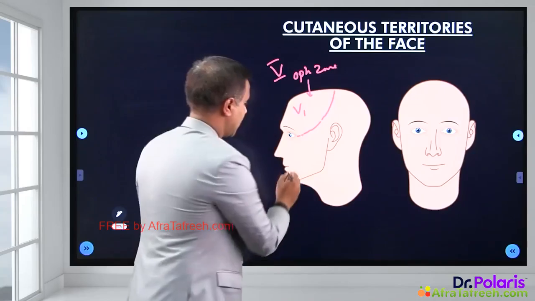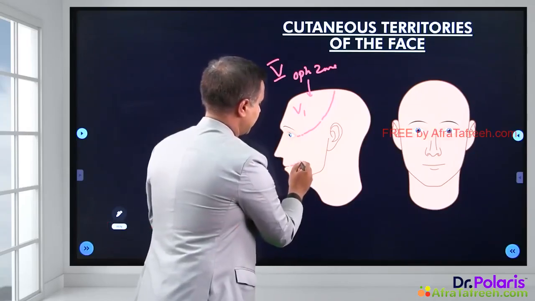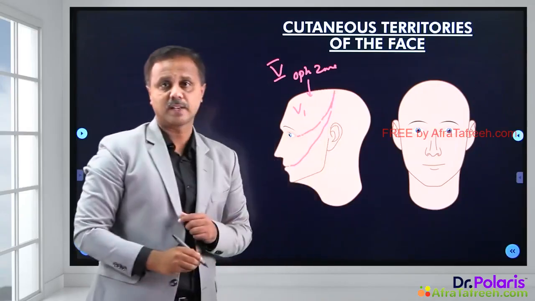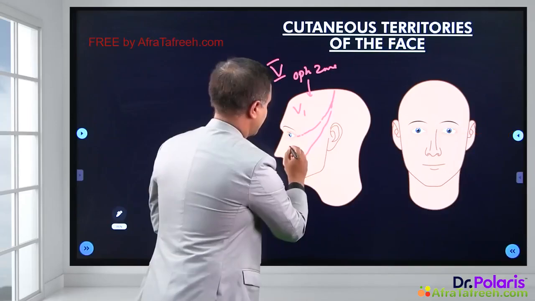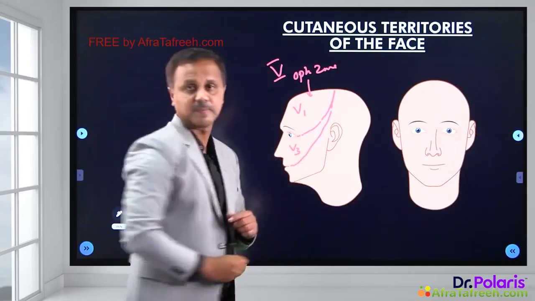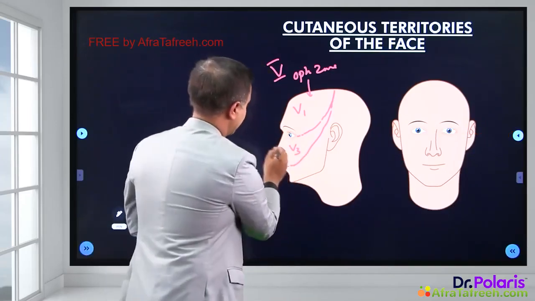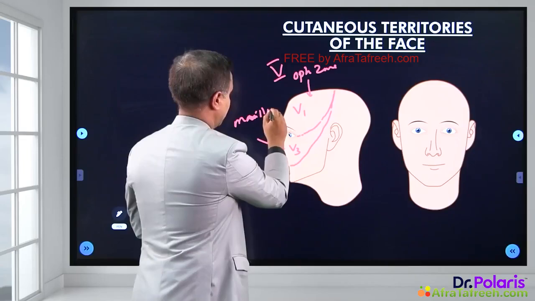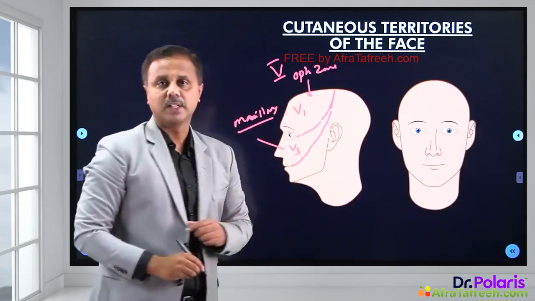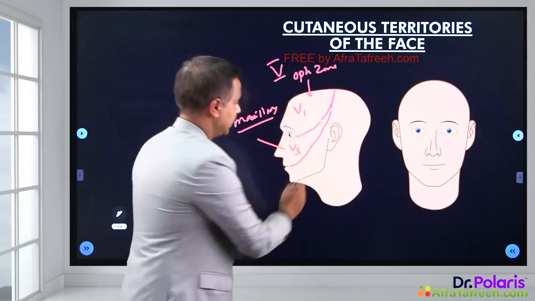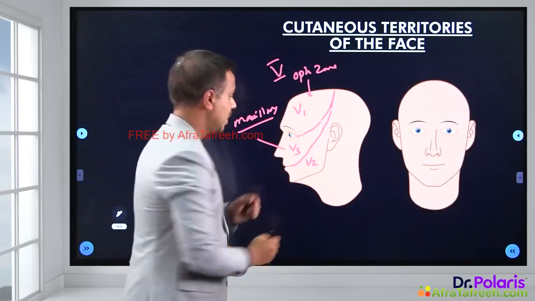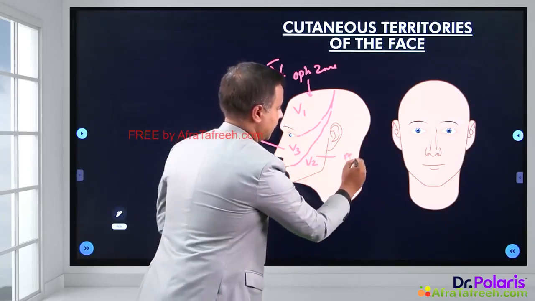Then, if you draw a line from the angle of the mouth again to the vertex, this is referred to as zone 3, the maxillary zone. Then, the zone which is left over is referred to as the second zone or the mandibular zone.